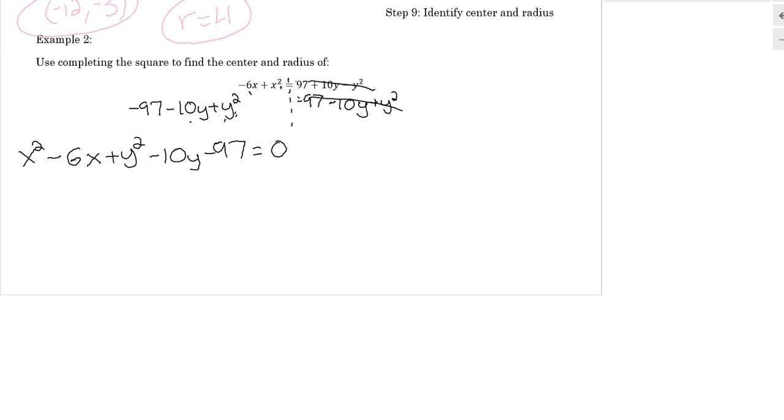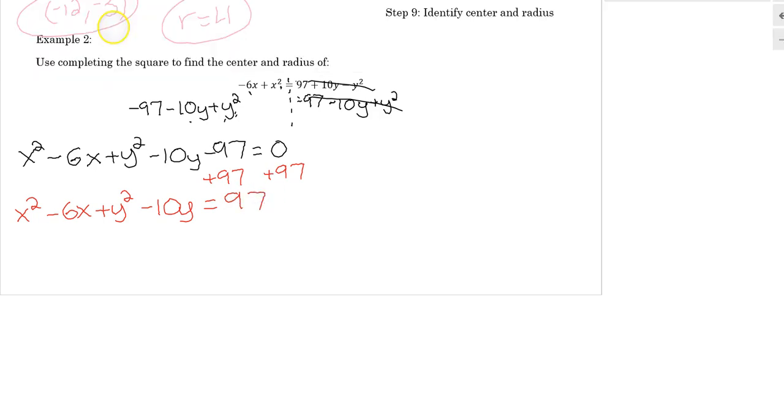Okay. Then again, we want to start by moving the constant. So I have x squared minus 6x, plus y squared minus 10y equals 97.